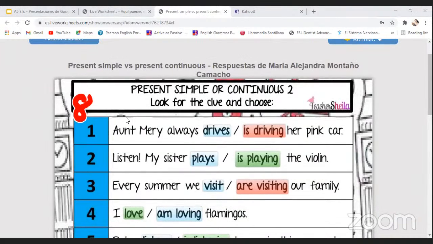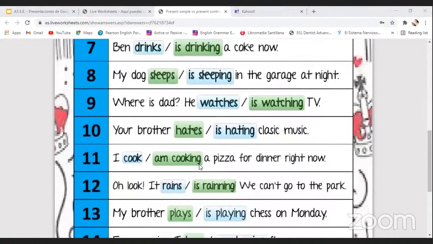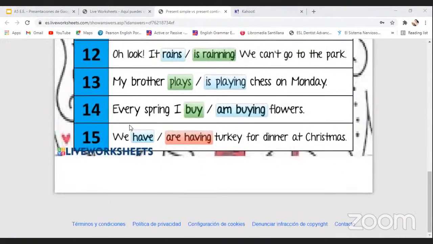All right, here. Oh, okay. Aunt Mary always drives her pink car. Siempre maneja, ¿no? And here. Every summer we visit our family. And that was it. Oh, and here.